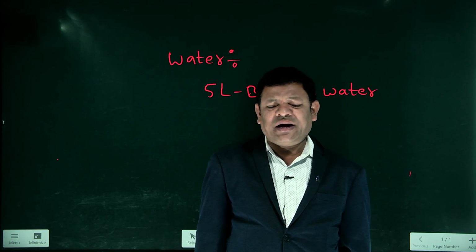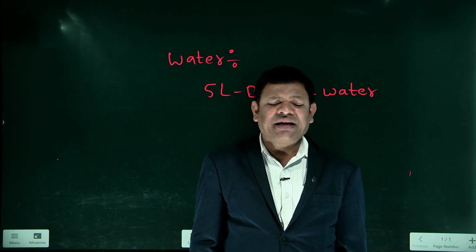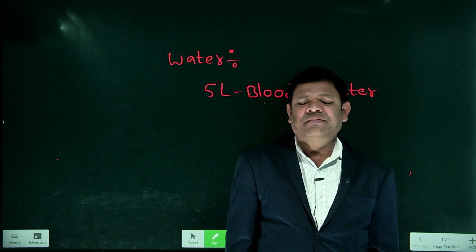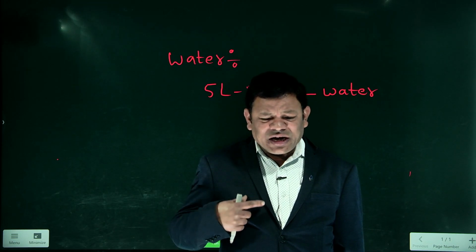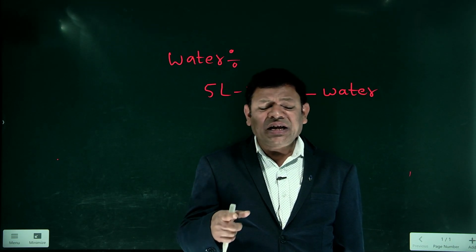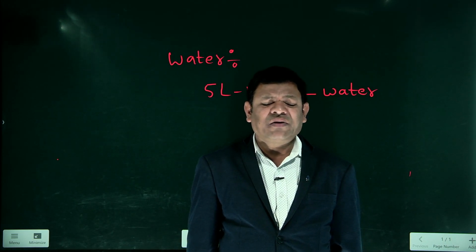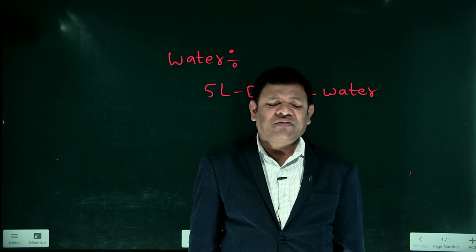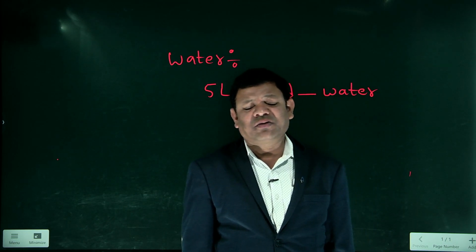Third point, oxygen and carbon dioxide are transported through the water only. Fourth point, our body temperature is maintained by that water only. If you drink more water in the summer, the excess water sends most of the waste material outside through the urine.